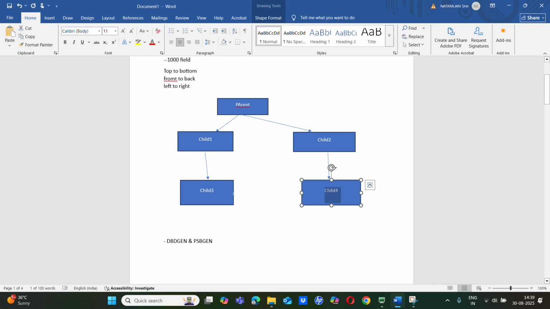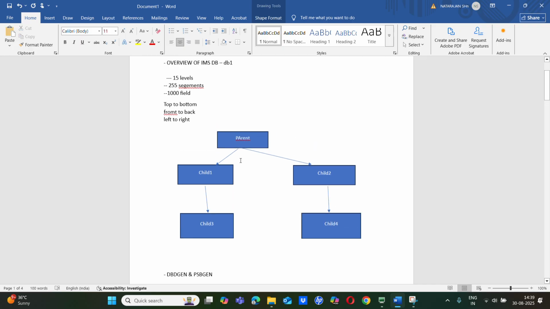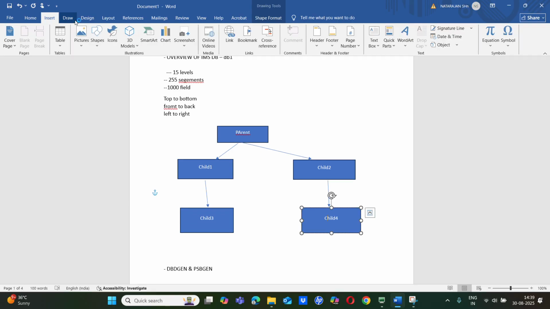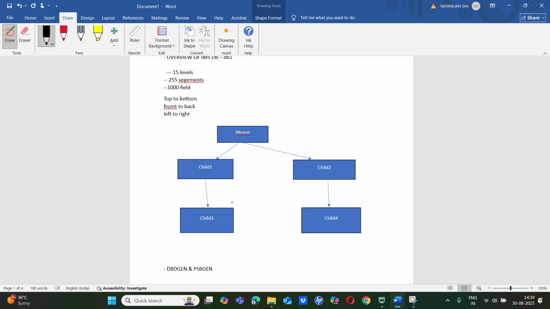You might say left to right means child 3 should go inside child 4. No, it always goes in a hierarchical way only. The hierarchy is from parent to segment, so the parent is already read and it is connected with these segments.